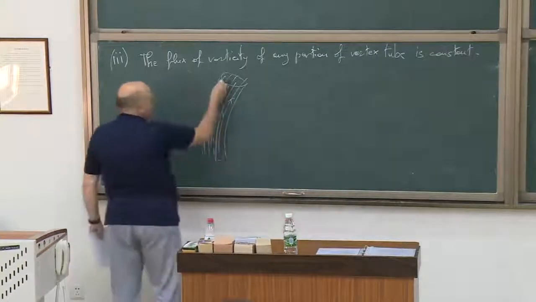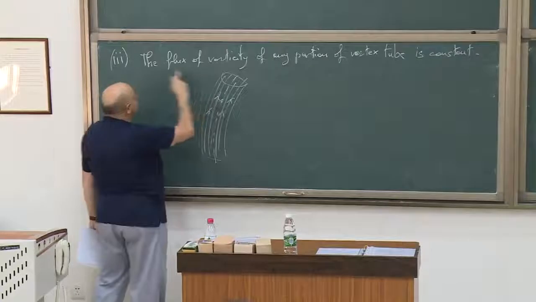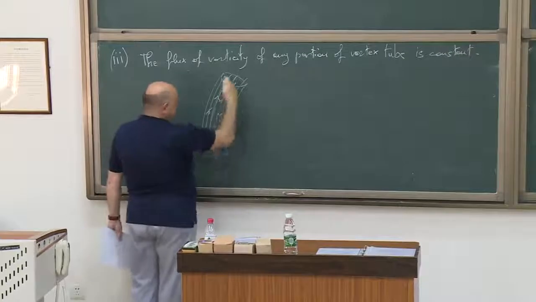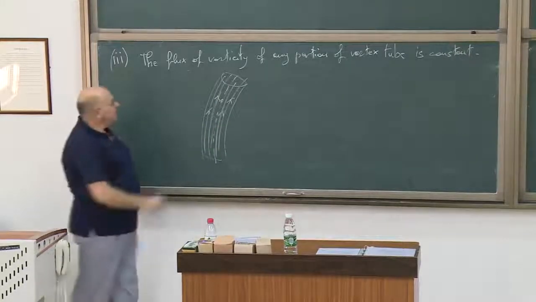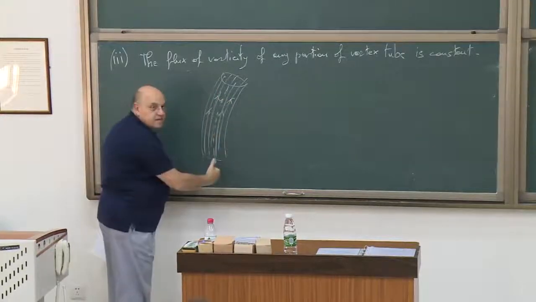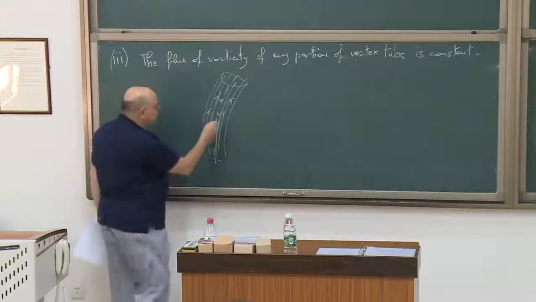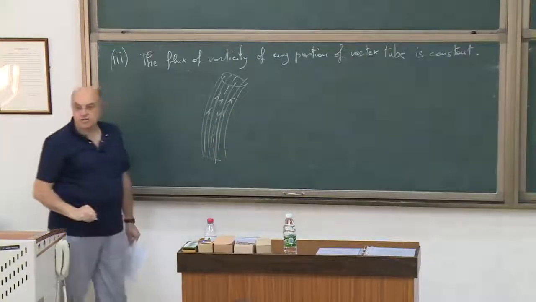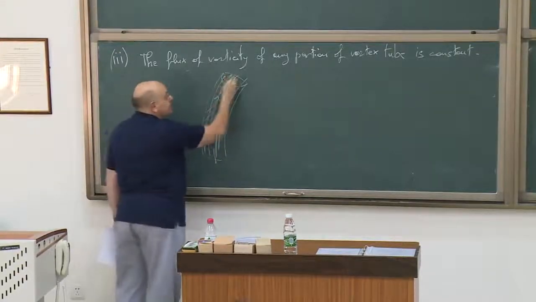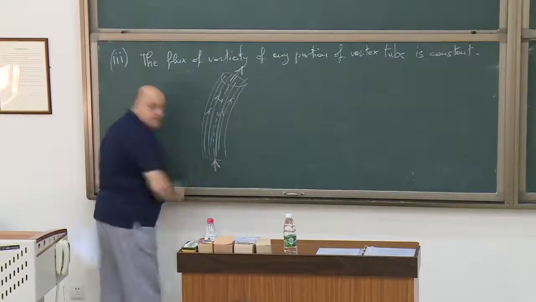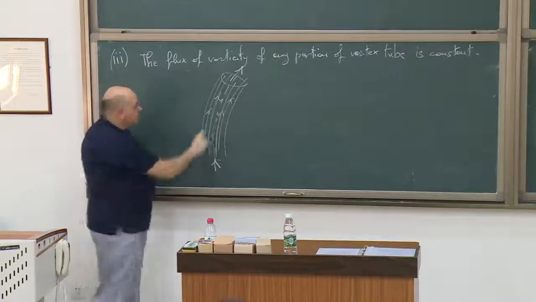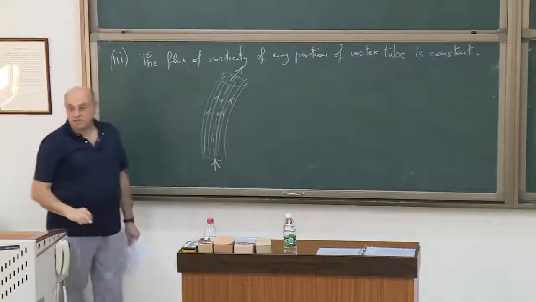And so you divide the proof, you take a portion, the flux of vorticity of any portion. So you take a portion, say this portion of a tube, and on this portion you pay attention to the surface, and to the fact that vorticity has a normal component to the surface that is 0 everywhere around this tubular surface except here and here. Then you reduce the volume integral to the surface integral, because through this boundary there is no vorticity flux.